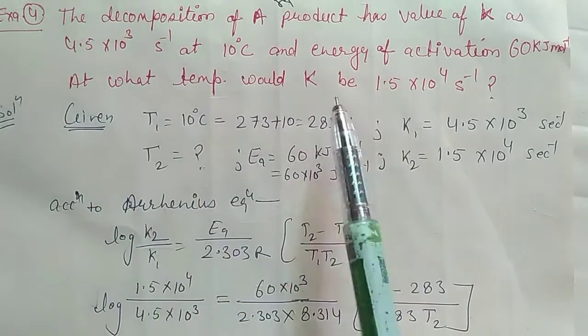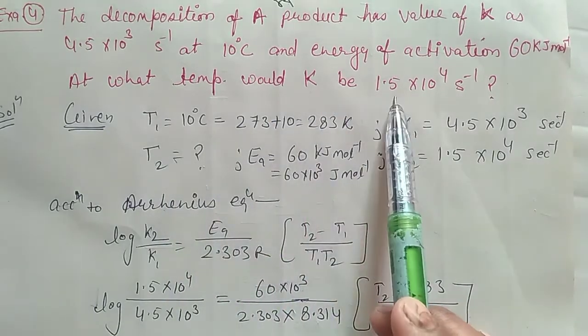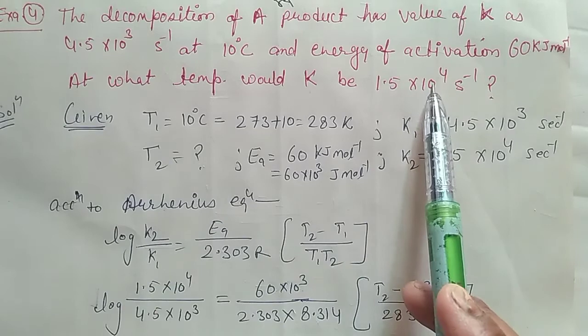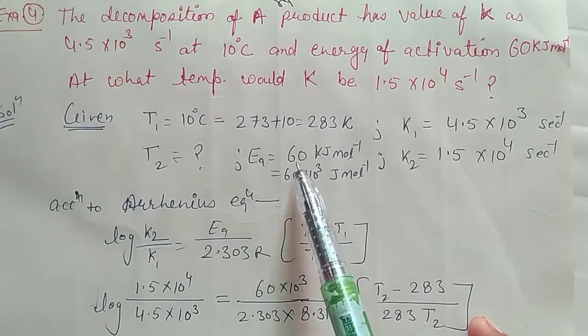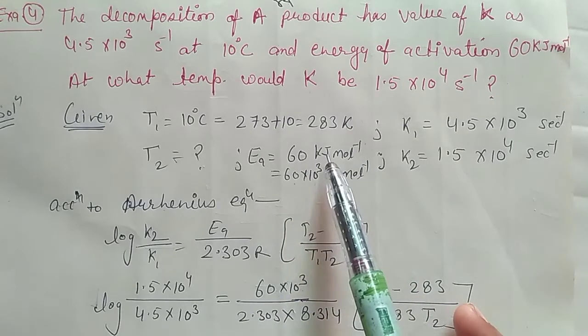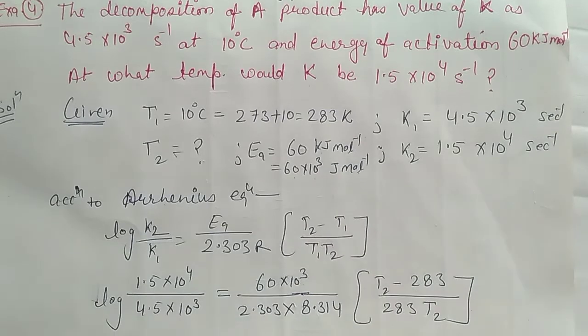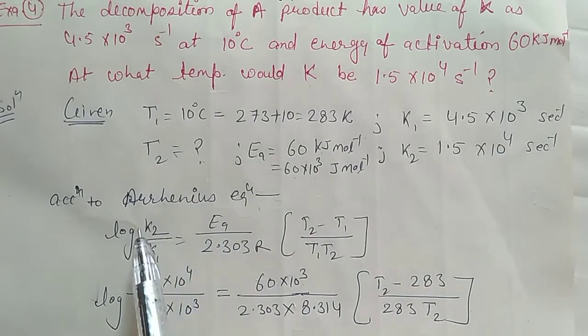We have to calculate T2 at which k becomes 1.5 into 10 to the power 4 second inverse, and the activation energy Ea is given as 60 kilojoule per mole, or 60 into 10 to the power 3 joules per mole. So the Arrhenius equation for this type of reaction will be taken.